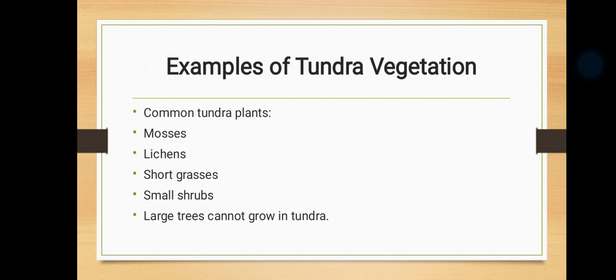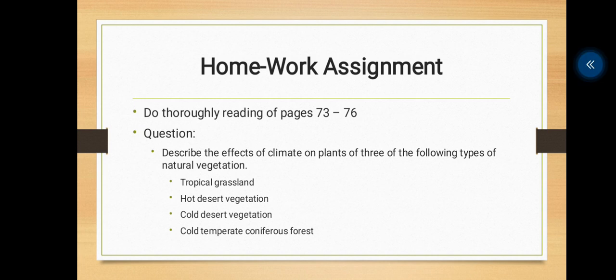Okay, so next we have a homework assignment. You need to read thoroughly pages 73 to 76 from your textbook, and you need to solve the question in which you need to describe the effects of climate on plants of three of the following types of natural vegetation.